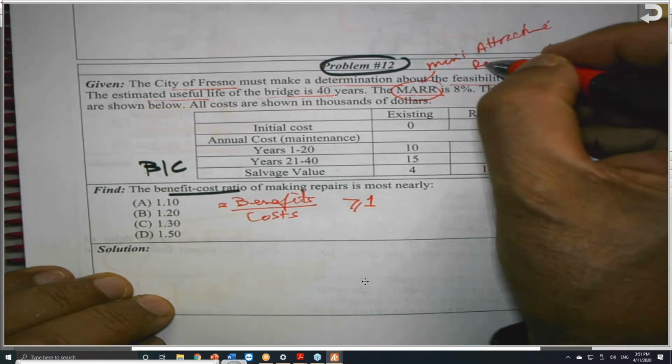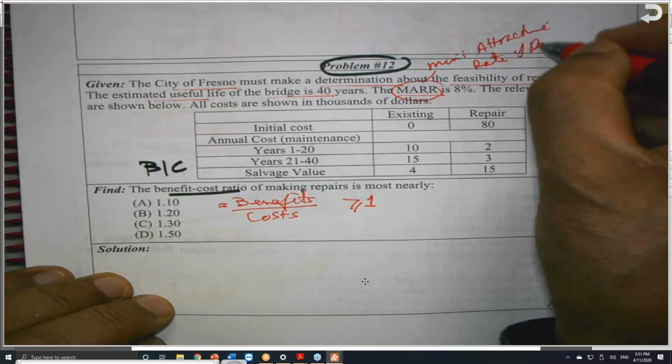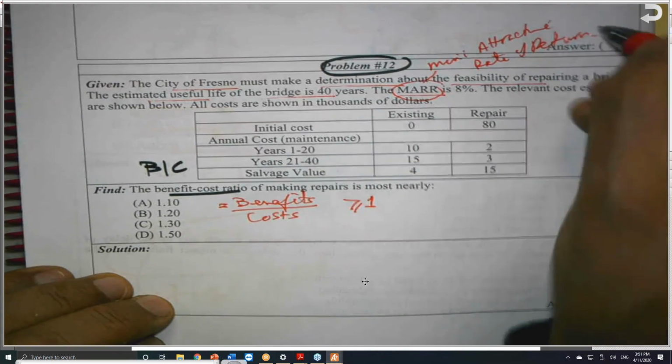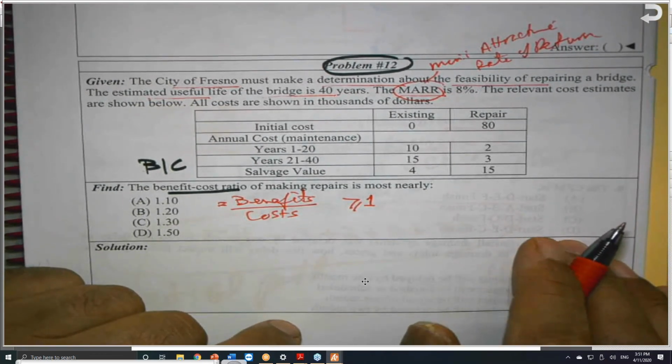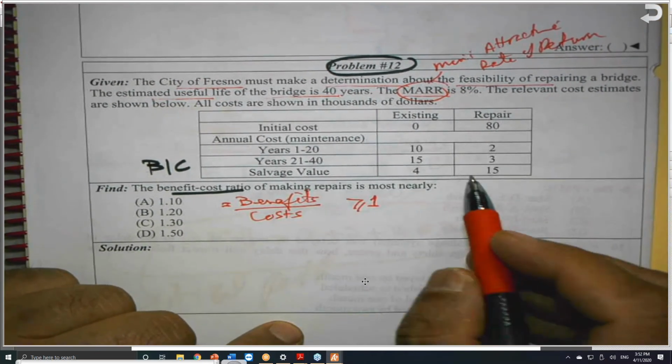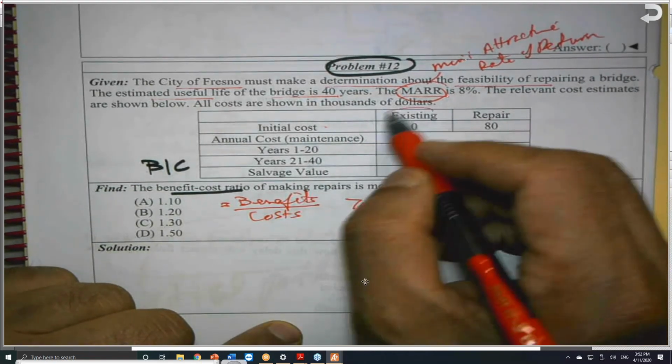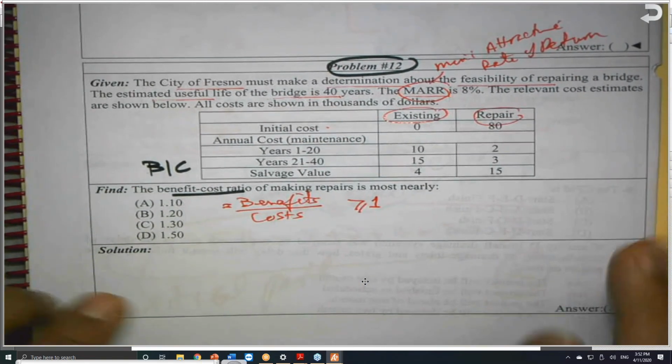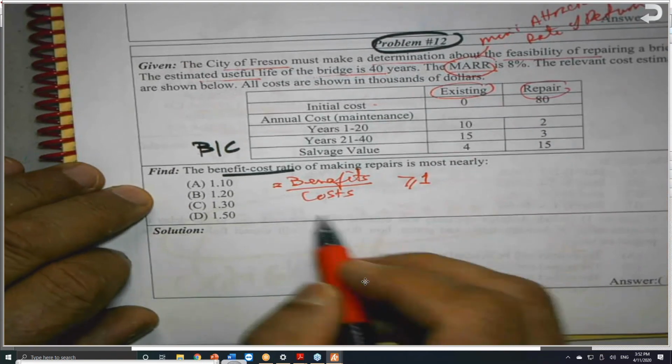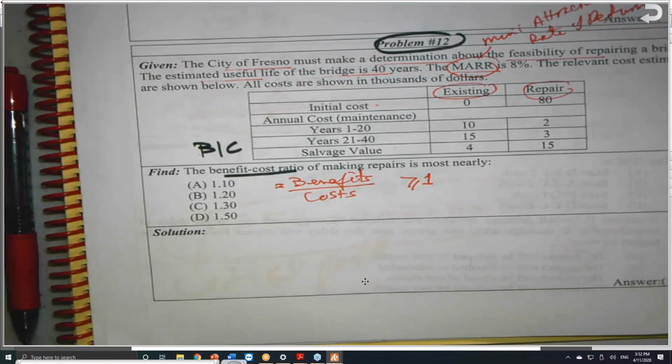In our case, this interest rate is 18%. The costs are given here: the initial cost for the existing and the repair. So I have two alternatives, either to keep the bridge as is, which I call the existing.